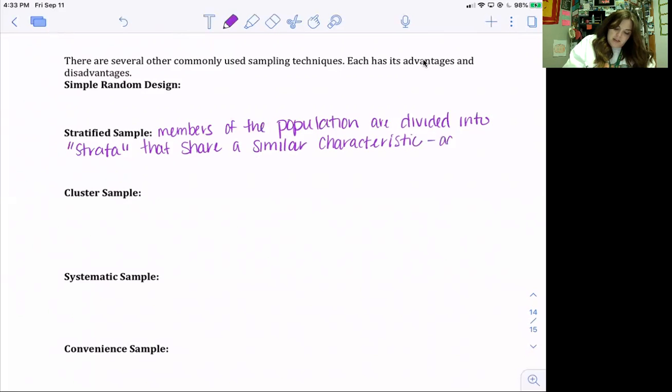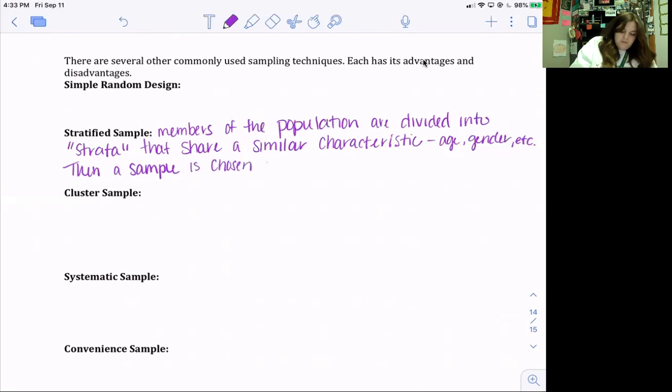This would be like age, gender, etc. So then a sample is chosen at random from each strata. Okay.